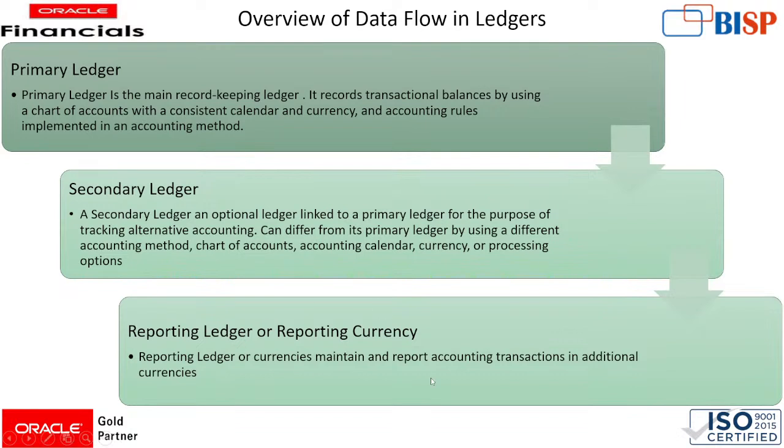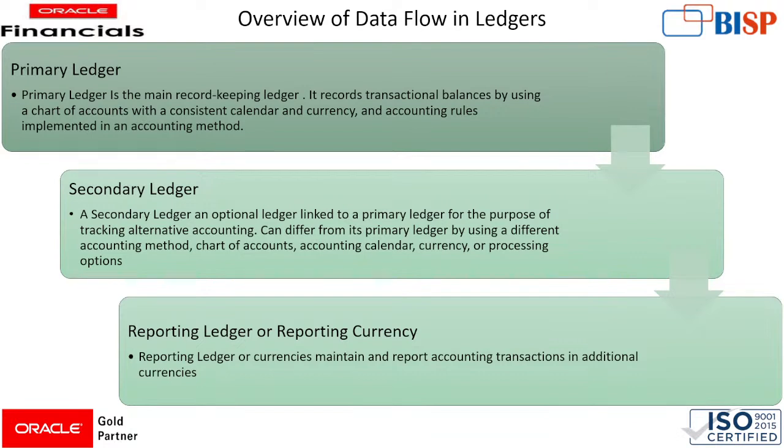The primary ledger is the main recording ledger. It records the transaction balance by using the chart of accounts with a consistent ledger calendar and currency and accounting rules implemented in an accounting method.